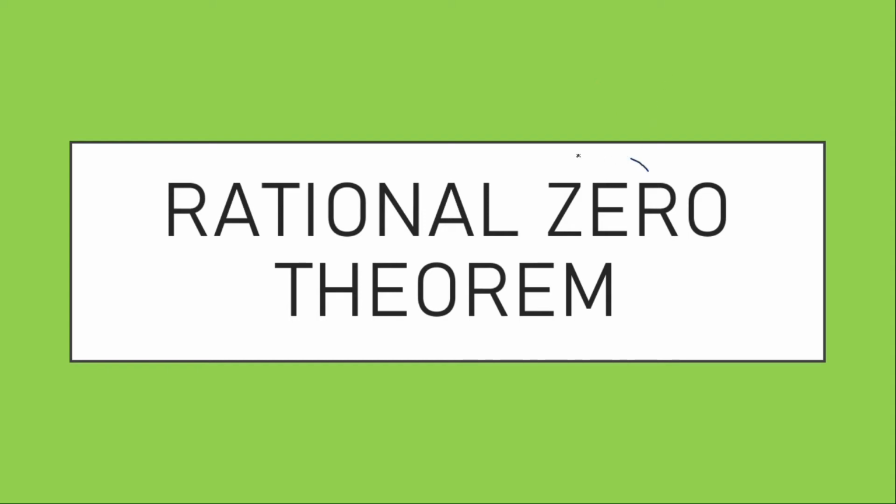Now let's proceed to what zero means. Actually, the terms roots and zeros refer to the value of x that would make a polynomial equation or function equal to zero.